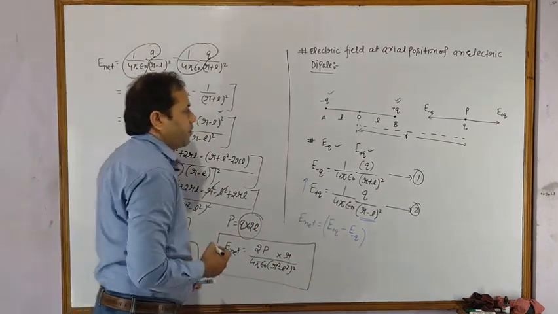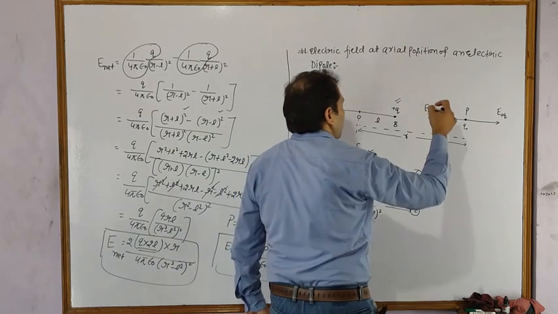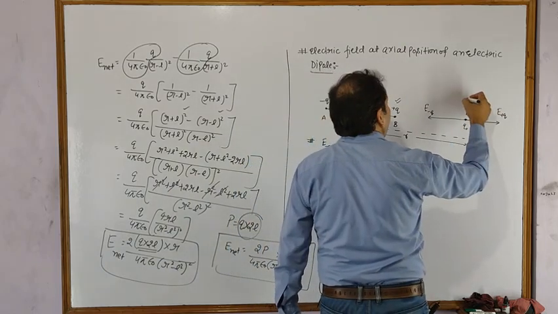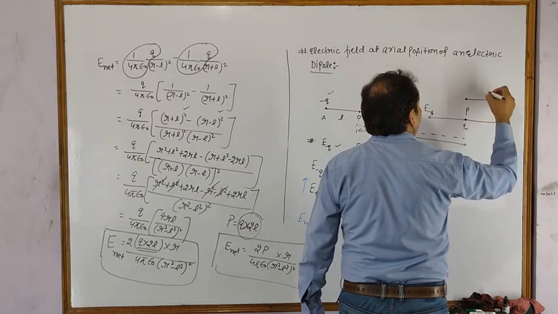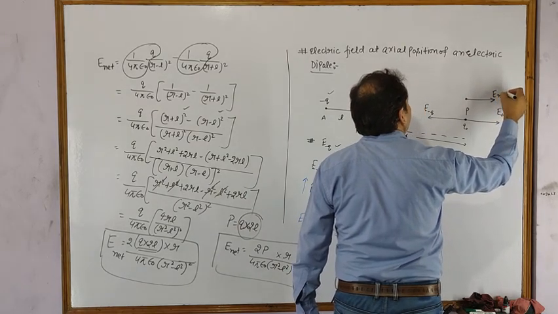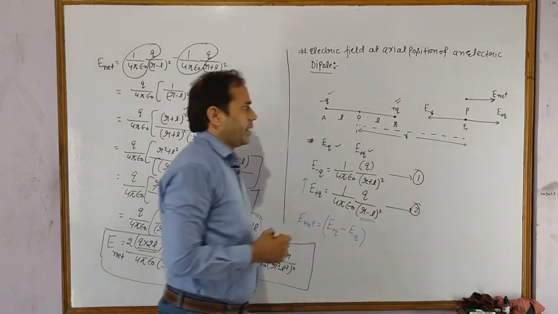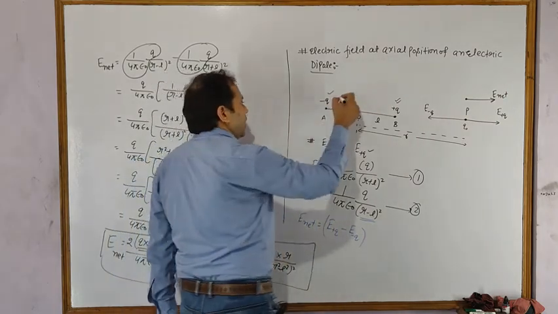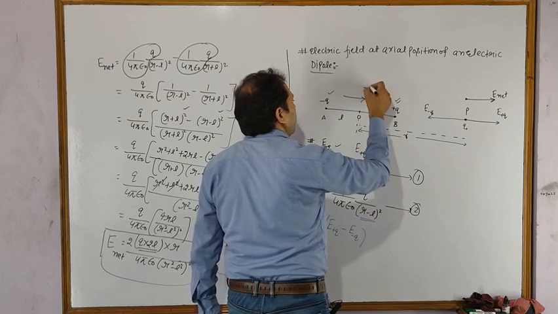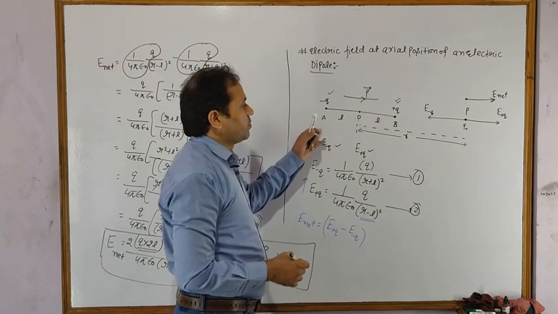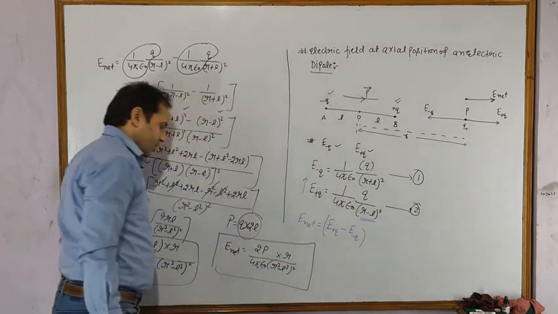The net electric field will be directed away from the point P. That is the direction of the net electric field. Also, the direction of the electric dipole moment will be from the negative charge to the positive charge.